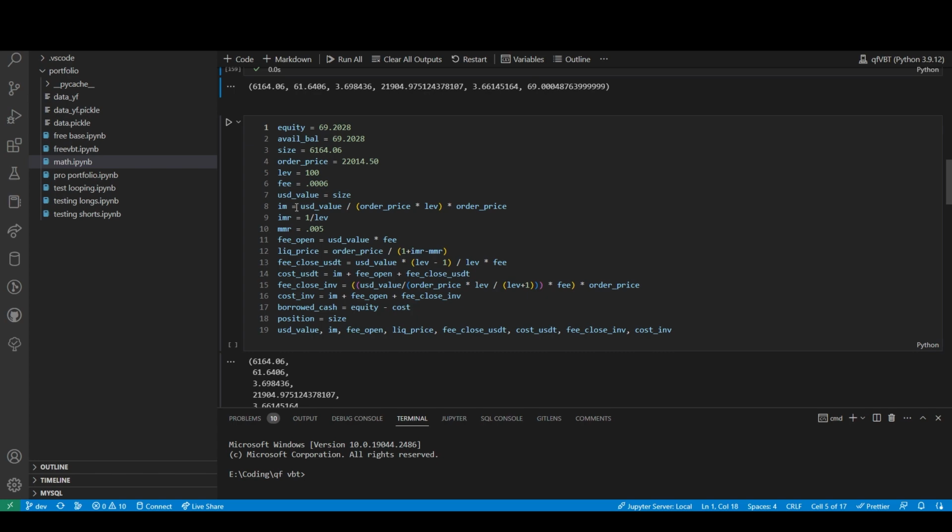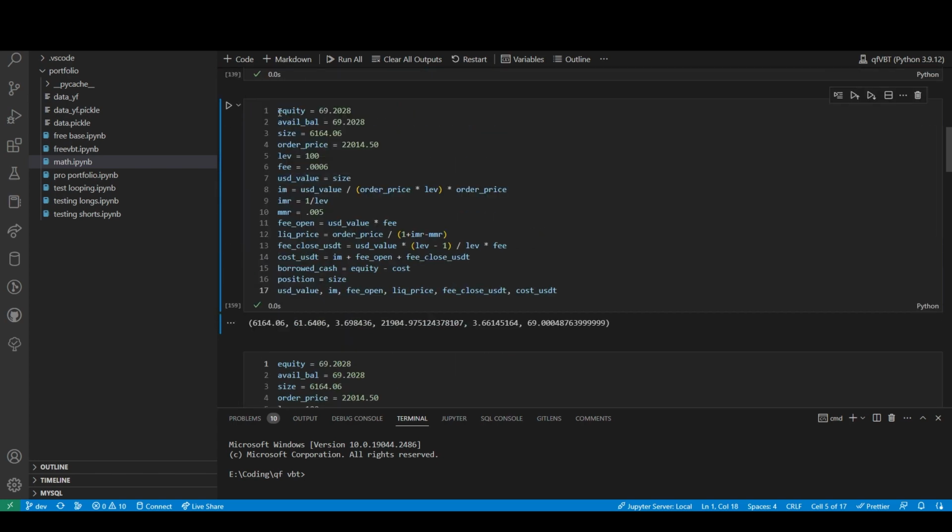So then let's say that this is USDT. This is USDT. No, that's going to be the same. Fees to open USDT, liquidation price, USDT. I don't need this cash borrowed stuff yet.